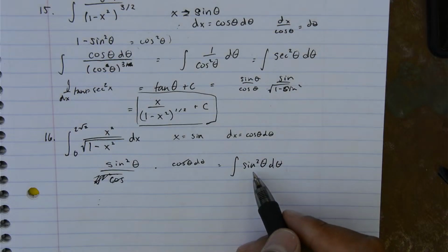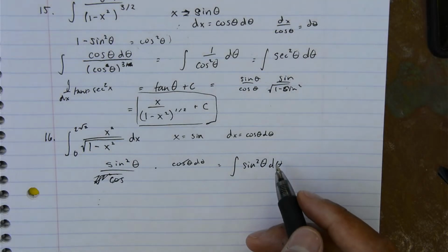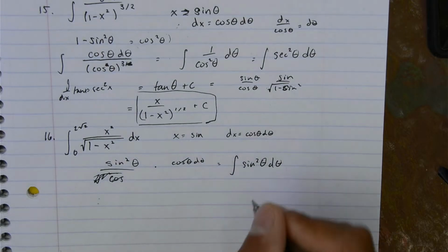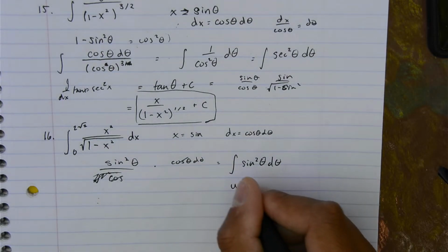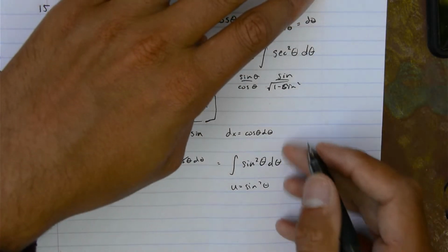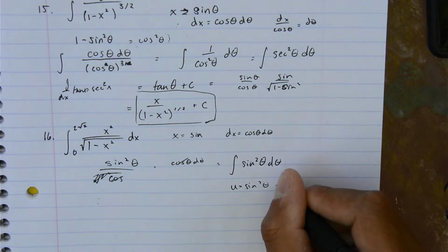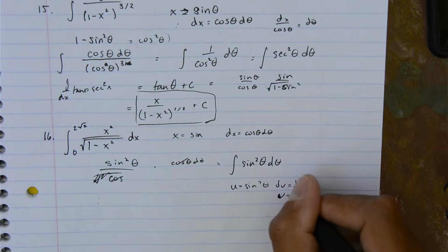Maybe you can memorize it, but I wonder if you can do a u integration by parts or something, where you have u equals sine squared theta, and dv is equal to d theta, v is equal to theta.